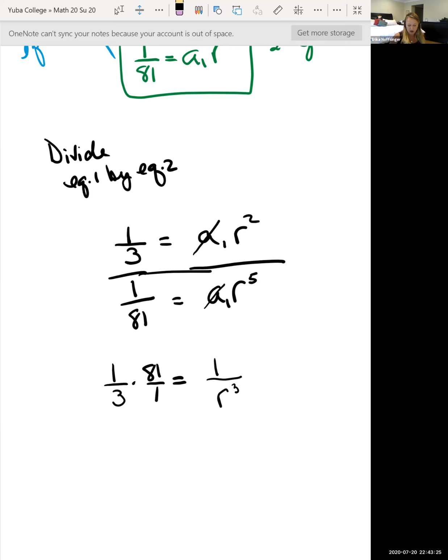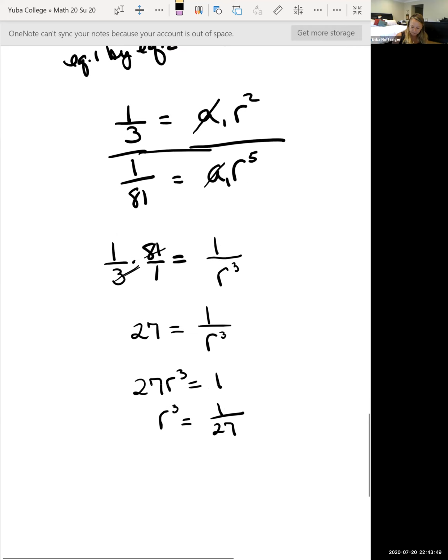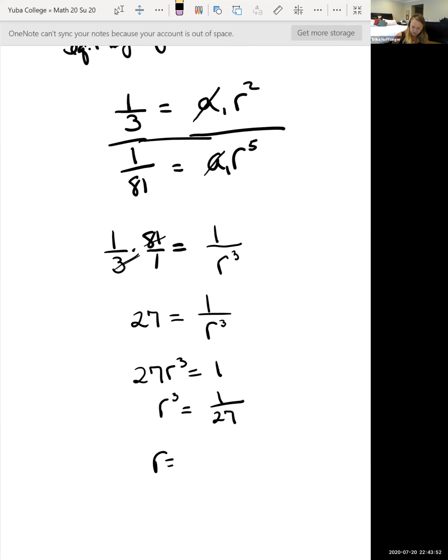I want to solve for r. So 3 goes into 81 27 times. So I have 27 is equal to 1/r cubed. Clear our fraction. We have 27r cubed equals 1. Divide by 27, we have r cubed equals 1/27. Take the cube root of both sides. The cube root of 1 is 1. The cube root of 27 is 3.